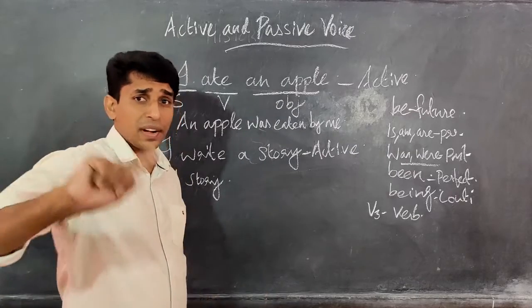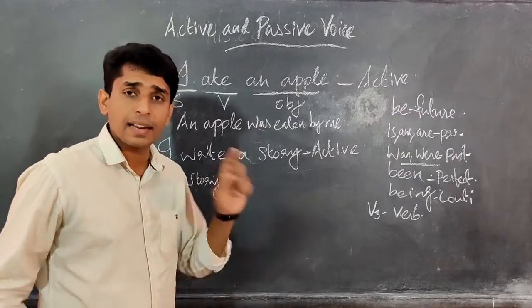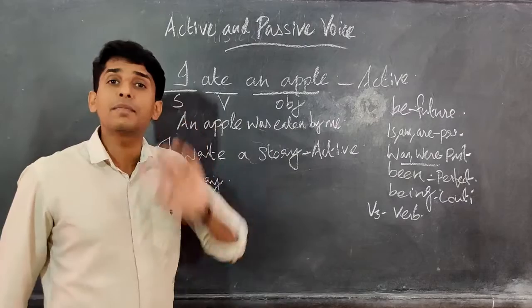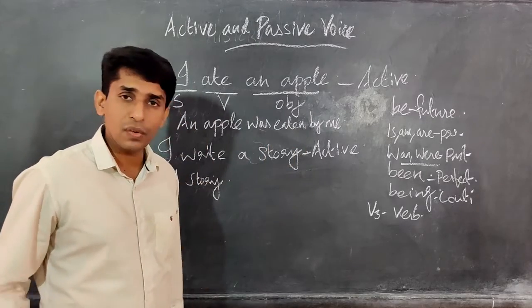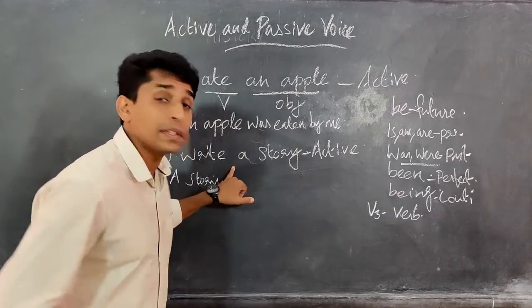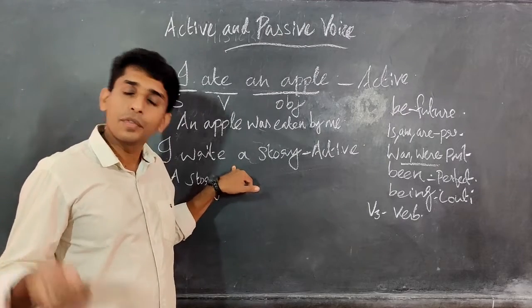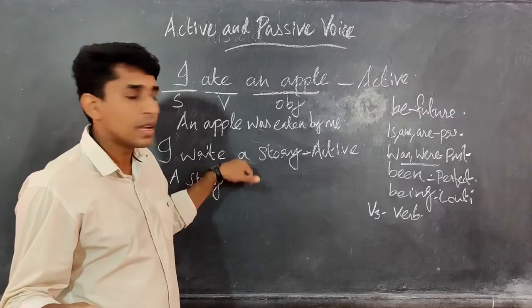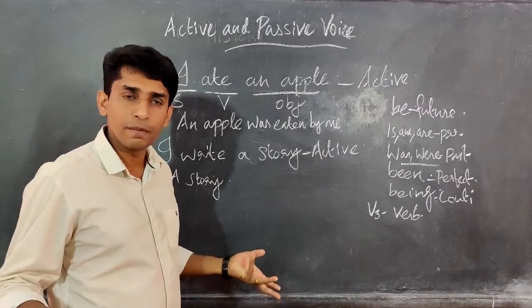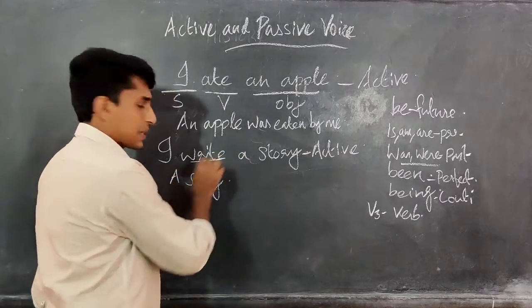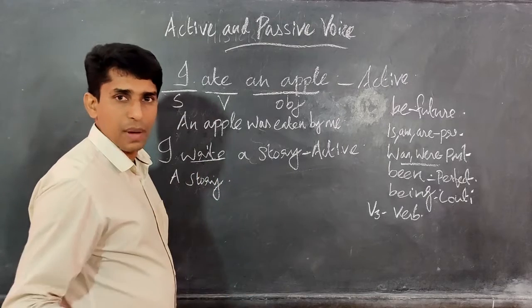See, it is not like direct and indirect speech. In direct and indirect speech, we have to write everything in past form. Here in active and passive voice, we have to write in the same tense form. If you get present tense, we write in present. If you get past, we write in past. If you get future, we write in future. Here, write is present. If it was wrote, it was past.